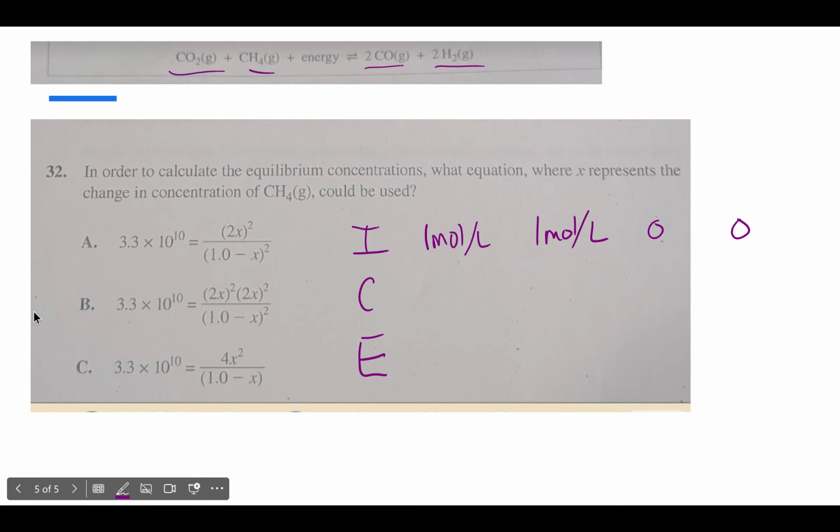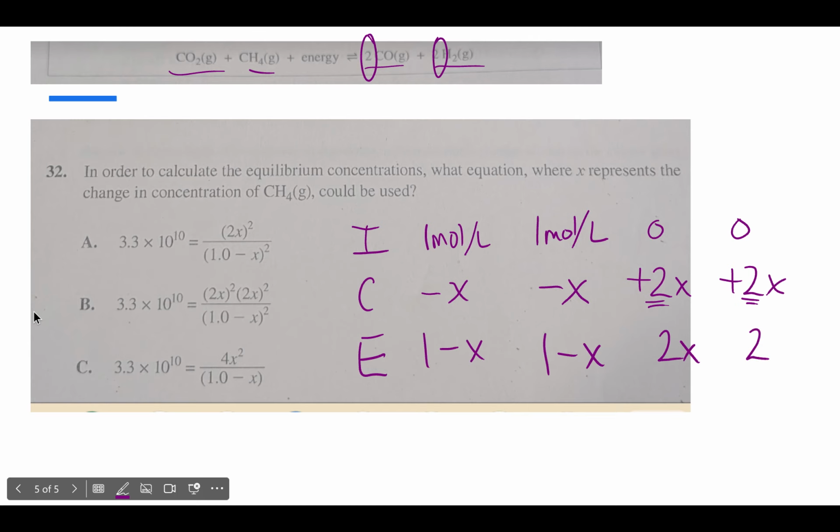Now your change is based on your mole ratio, so reactants are used up, so minus x, products are being formed, so plus 2x, plus 2x. So I'm getting this 2 because there's that 2 in front. Then at equilibrium, we're just adding our columns, so we'll have 1 minus x, 1 minus x, 2x, and 2x.